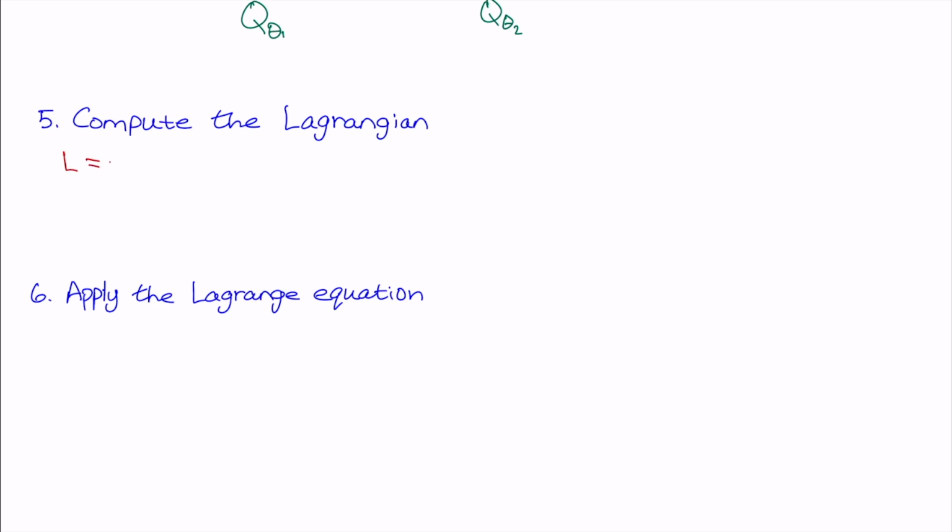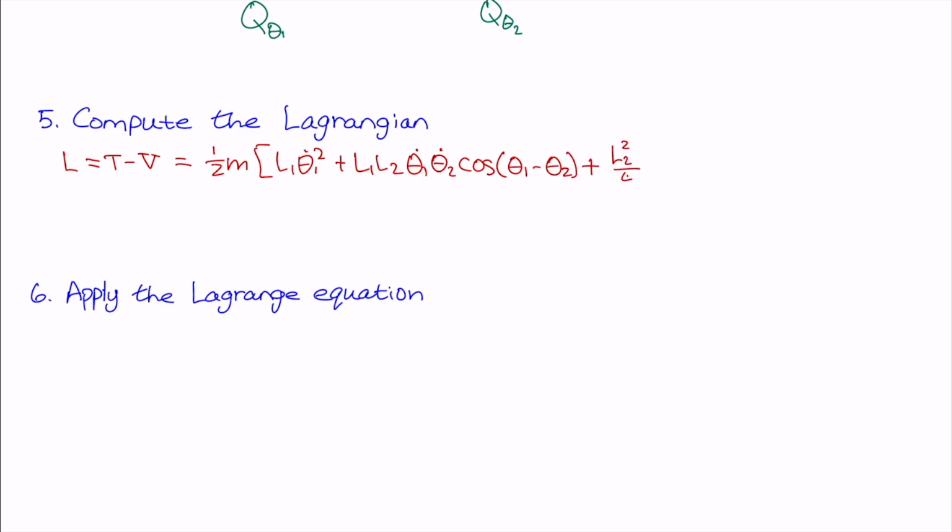The Lagrangian is going to be L equals T minus V, which will be equal to simply 1/2 m times the quantity L1 squared theta 1 dot squared plus L1 L2 theta 1 dot theta 2 dot cosine of theta 1 minus theta 2 plus L2 squared over 4 theta 2 dot squared, all of that minus m g times L1 times 1 minus cosine theta 1, plus L2 over 2 times 1 minus cosine theta 2, and that is the Lagrangian.